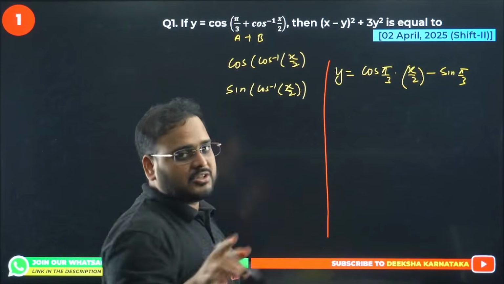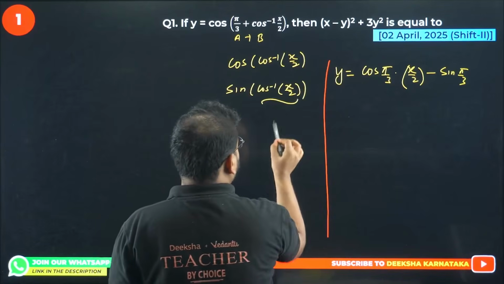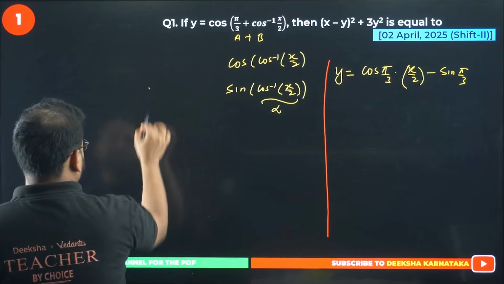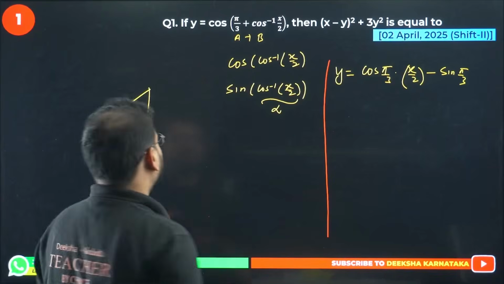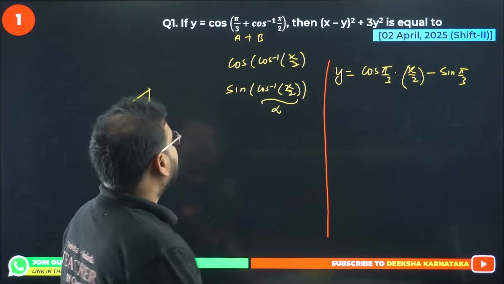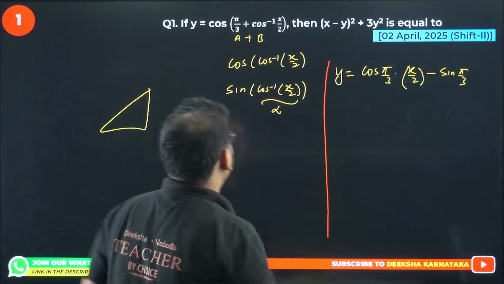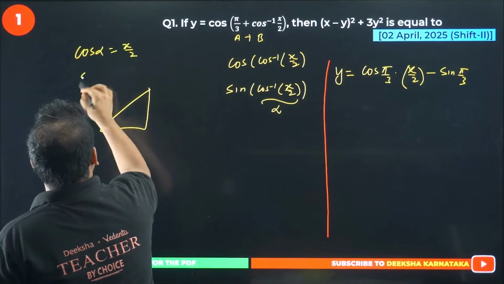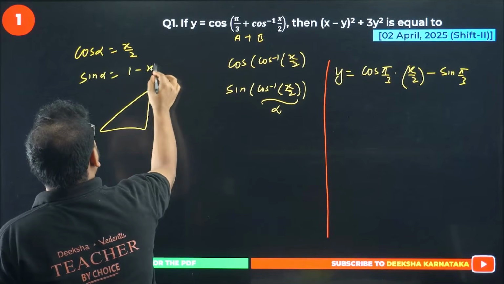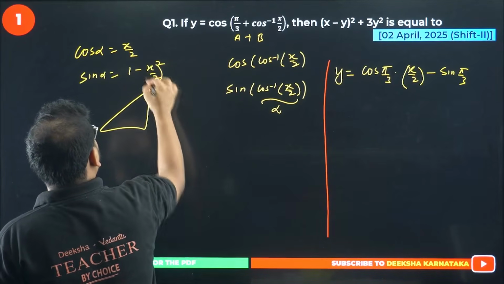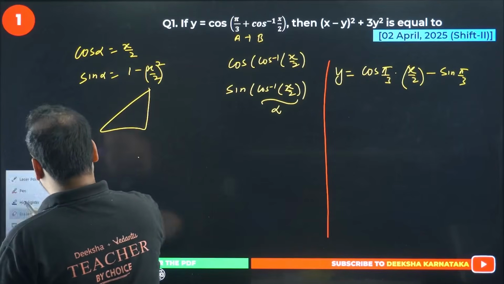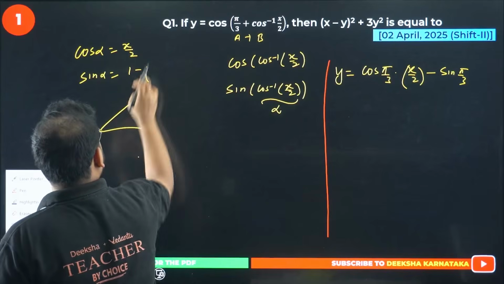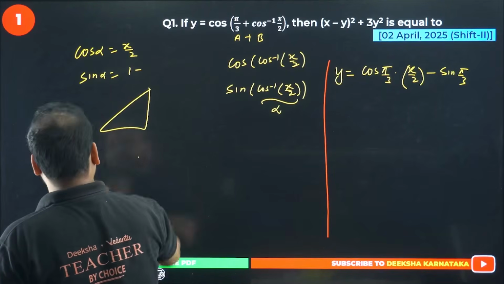Now please pay attention. If this is the angle over here, some angle alpha, let's say, and you have cos alpha as x by 2, then simply sin alpha will become the root of 1 minus x by 2 the whole square, sorry, x by 2 the whole square, which is basically sine square alpha.